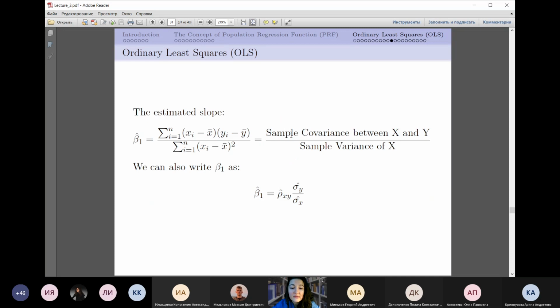And one more important idea behind this formula: if you take a look at the numerator and denominator, you can see that the numerator is just the sample covariance between x and y, and the denominator is the sample variance of x.